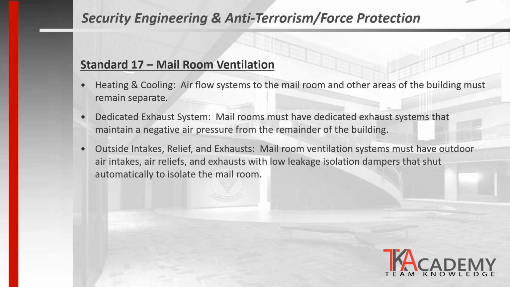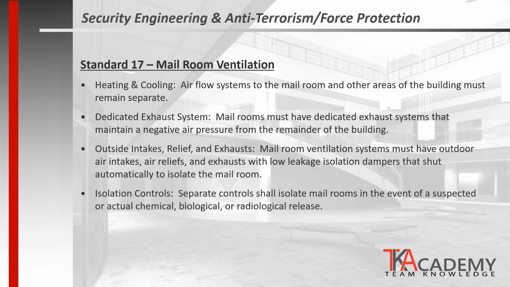Mailroom ventilation must have outdoor air intakes, air relief and exhaust with low leakage isolation dampers that shut automatically to isolate the mailroom. And the mailroom should have separate controls to isolate the mailroom in the event of a suspected or actual chemical, biological, or radiological release.